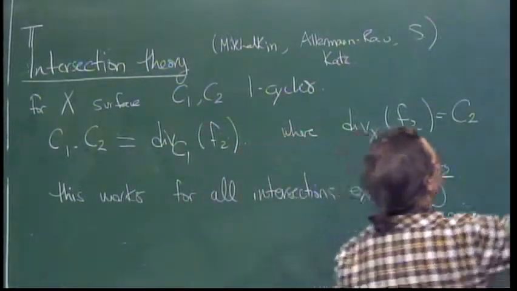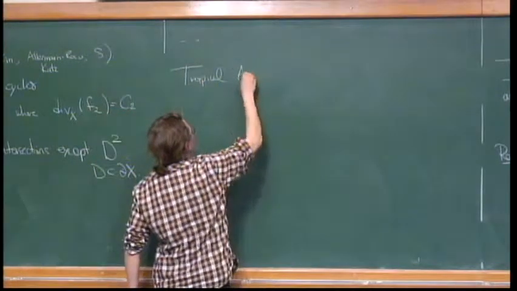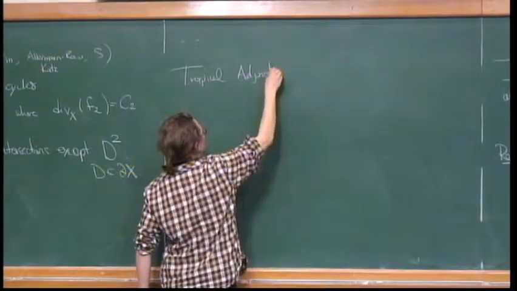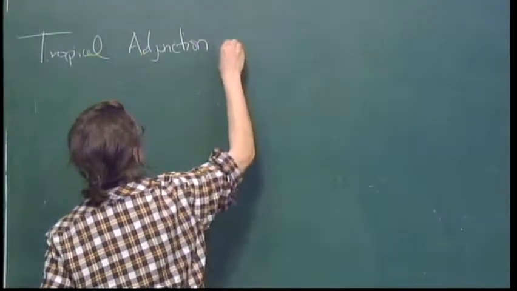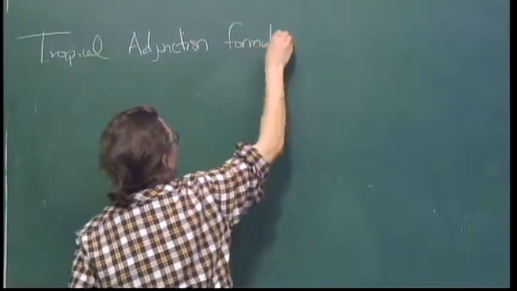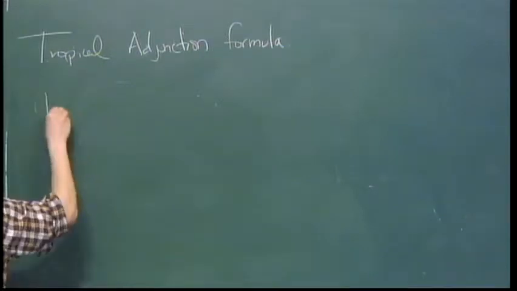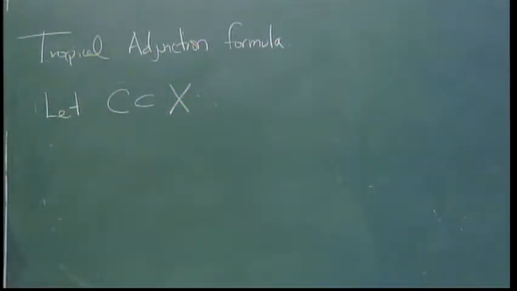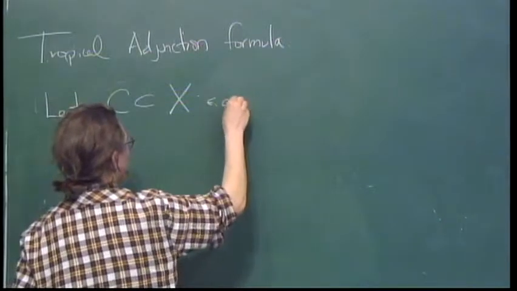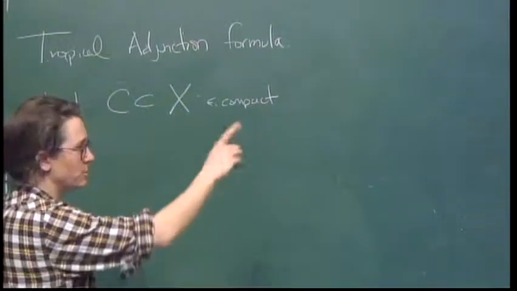Okay, and so to continue on with these smooth properties, I just want to show you a version of the tropical adjunction formula for curves and surfaces. So X is going to be a compact tropical surface, so a smooth tropical surface.